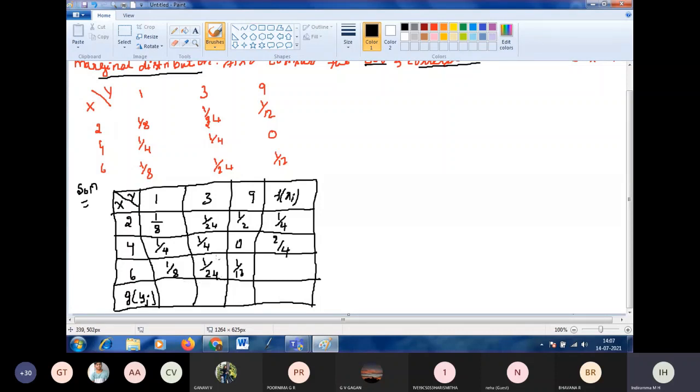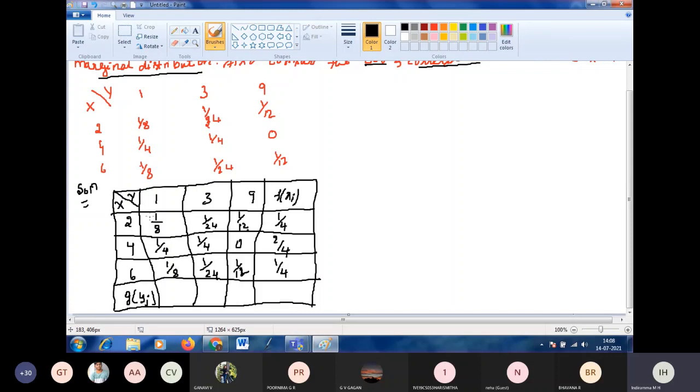Next, 1 by 8 plus 1 by 24 plus 1 by 12 is the same as the first row, so it is 1 by 4.